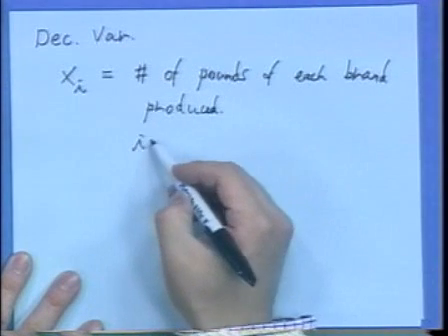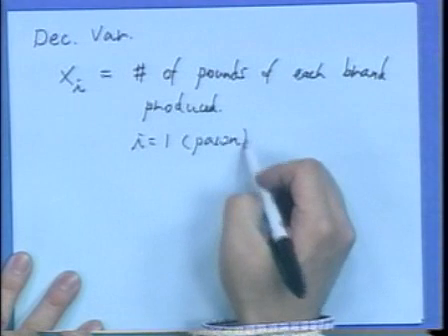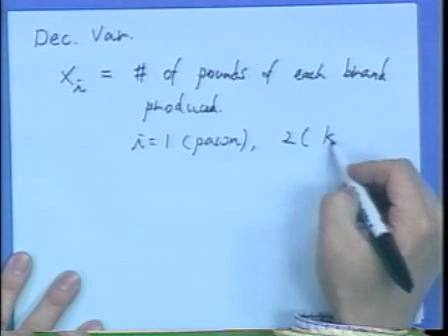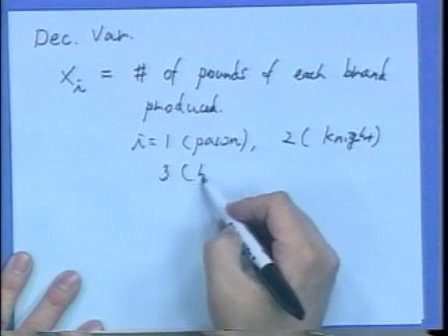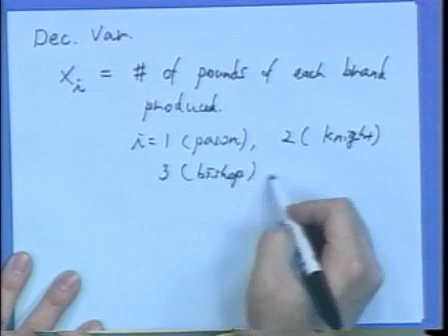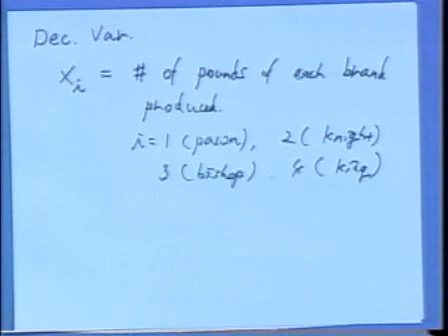So let's say I equals 1 is pawn, 2 is knight, 3 is bishop, 4 is king. Okay. What is our objective?